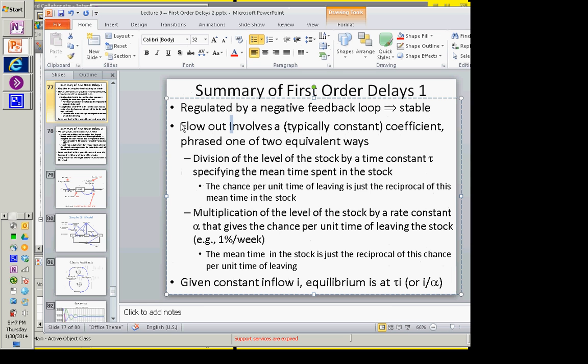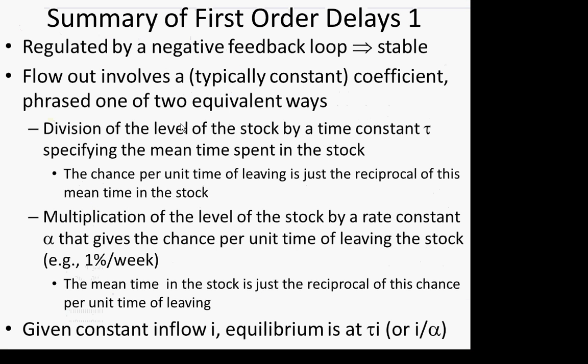It could be the division of the level of the stock by a time constant, specifying the mean time spent in the stock, right? So we have persons divided by months, so it's persons per month. Or it can be multiplication of the level of the stock by a rate constant: persons times chance per month of leaving. Again, dimensionally correct. It would be persons per week, or persons per month, as the units of the flow.